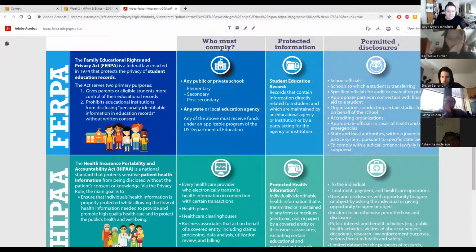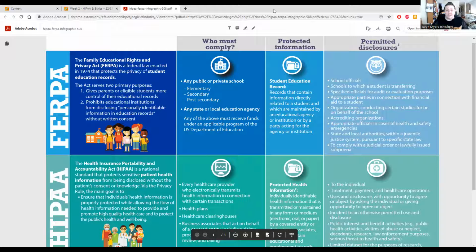And so it gives parents or students who are eligible, for example when you're at the age of majority, typically 18, but it can vary from state to state, more control of their records. So for example, you all might not even remember this, but when you first got to Wesleyan, you had to sign something that said whether or not your parents were allowed to access your records, and whether or not your professors are allowed to even talk to your parents.